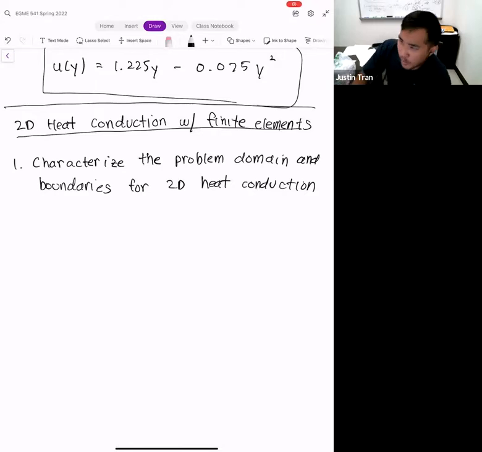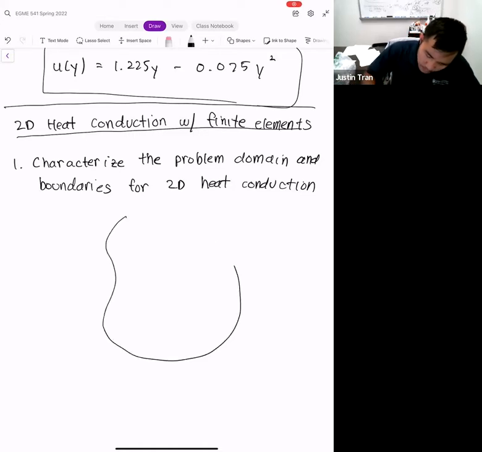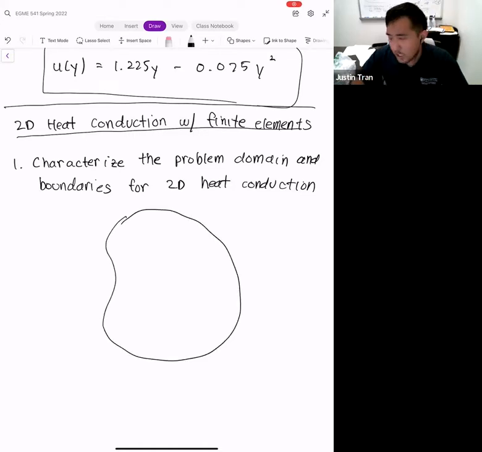When I say to characterize the domain, I really mean to differentiate this from the 1D case. In the 1D case, we have a line, which is our computational domain. But in 2D, our domain has more dimensions. If you were to characterize the typical domain for a 2D finite element problem, I would call it a surface.